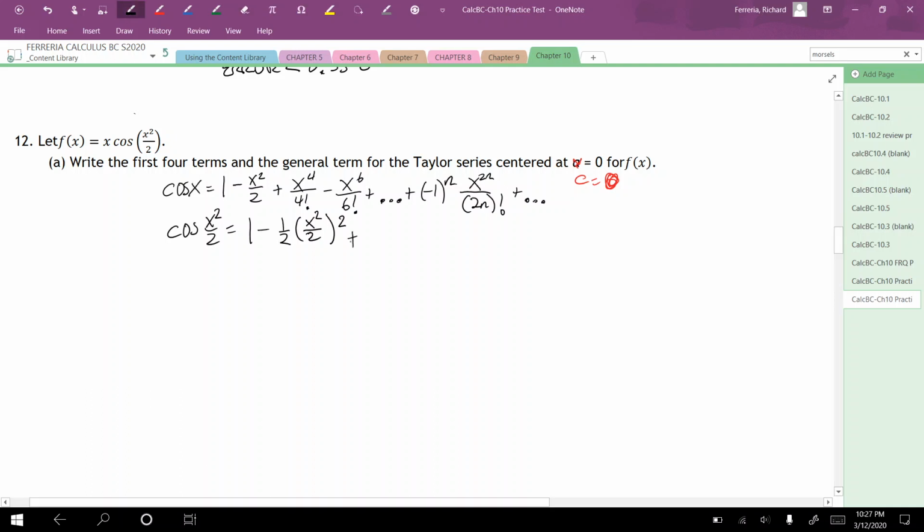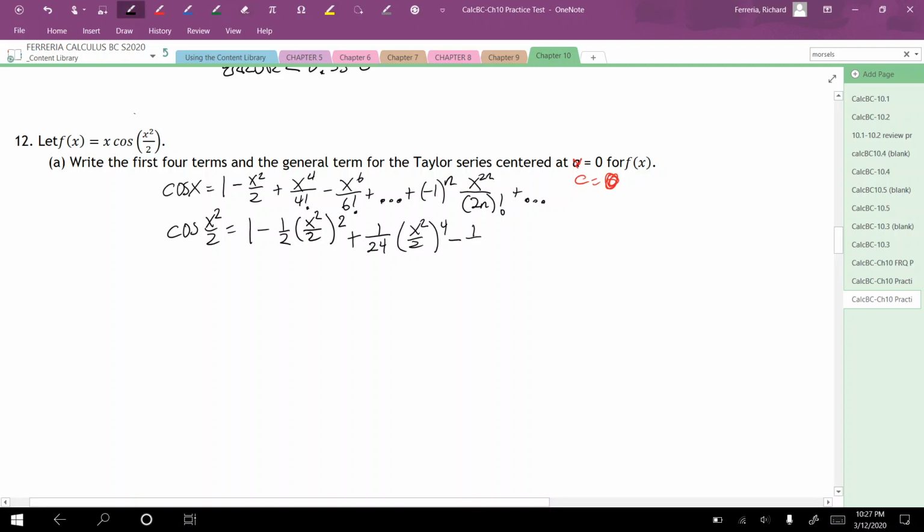And then we've got plus 1 over 4 factorial. 4 factorial is 24. Definitely no need for you to simplify that out, but I thought I'd do it anyway. X squared over 2 to the 4th power, minus, I keep making that same mistake, minus 6 factorial.